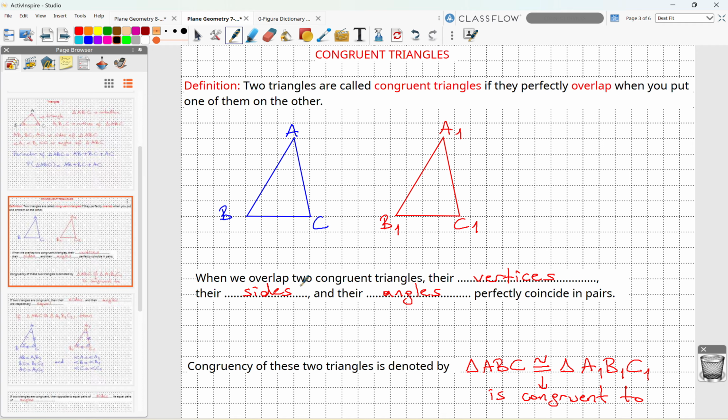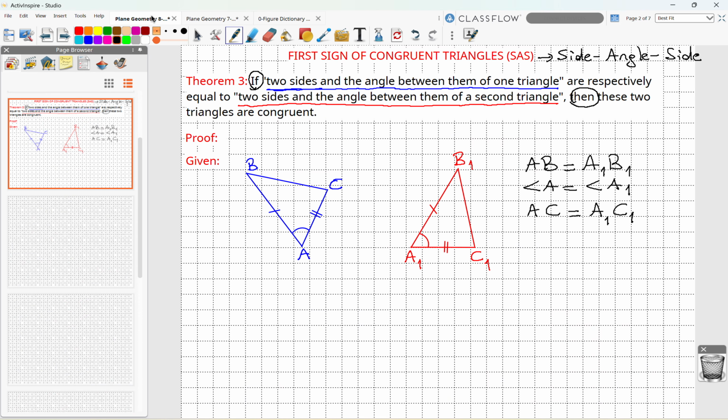So when we have two congruent triangles, the vertices, sides, and angles of these two triangles respectively perfectly coincide in pairs. So I will use the definition to prove that these two triangles are congruent.